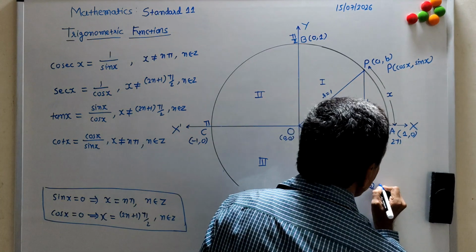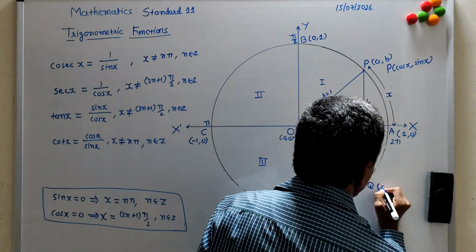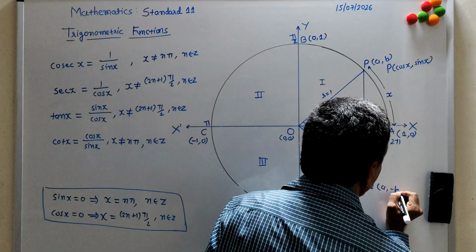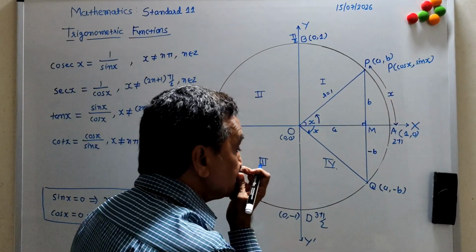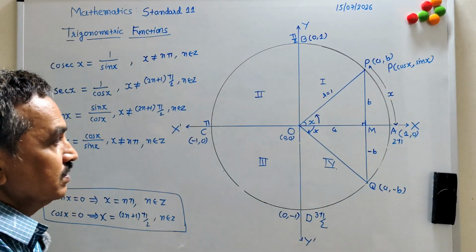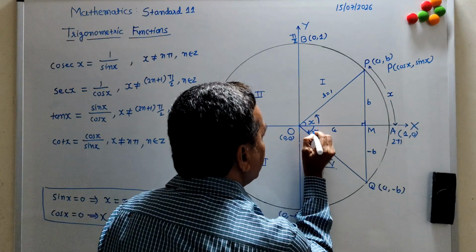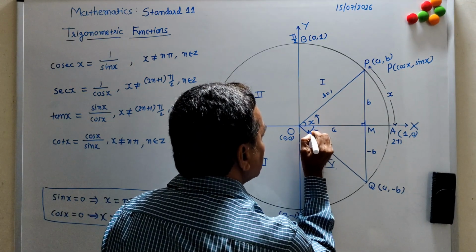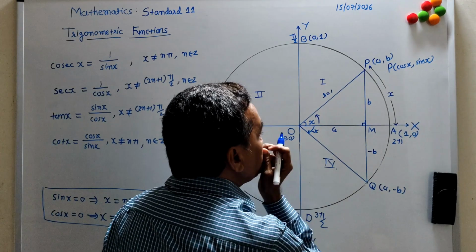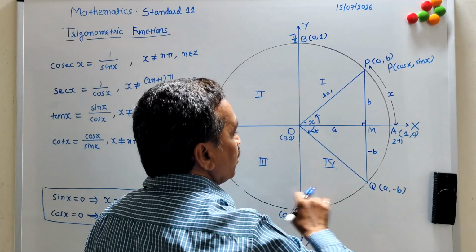So what are the coordinates? X is a, y is minus b. So this angle is actually minus x, because we take this angle in the clockwise direction.